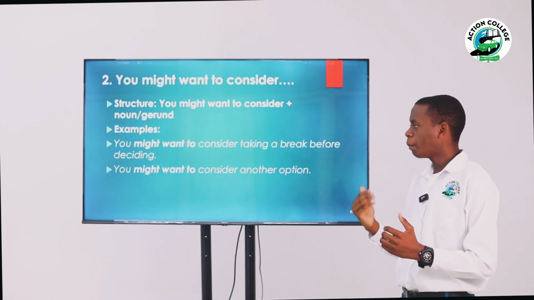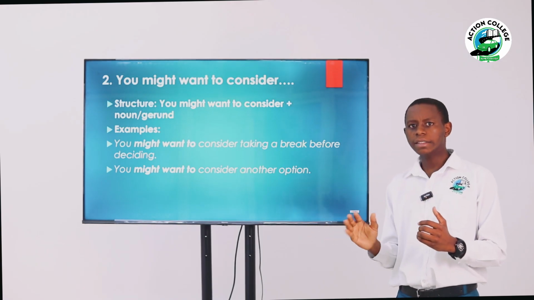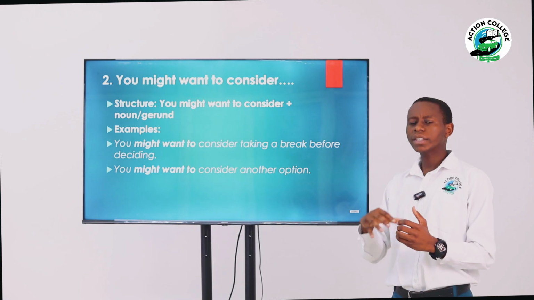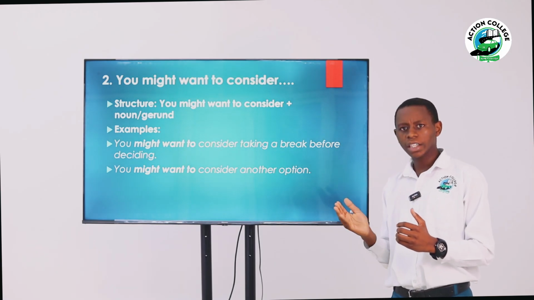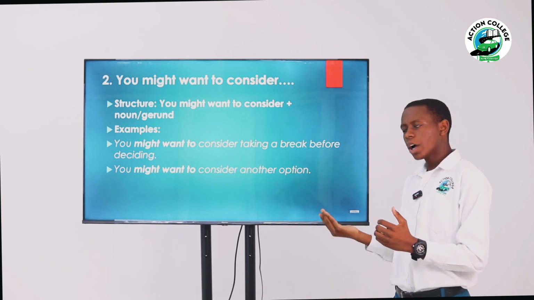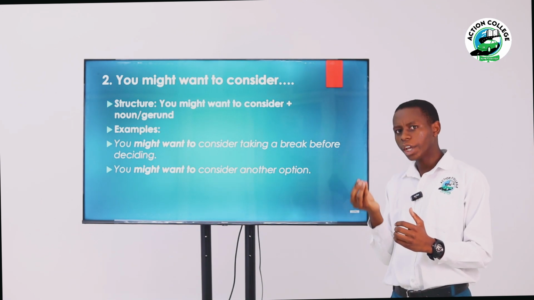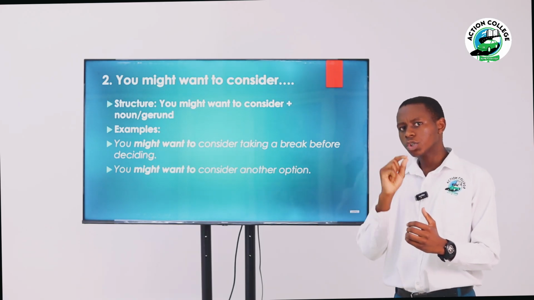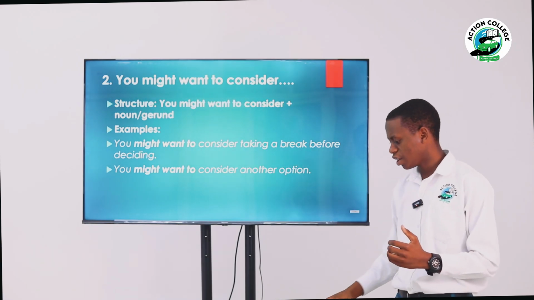Also, you can say you might want to consider another option. This is when you see that that person needs to consider another option, which is different from what he is having or what other people are giving to him. So you might want to consider another option. It means that maybe he has some way he wants to do something, but you want to encourage that person to think differently. So that is how you can use it.